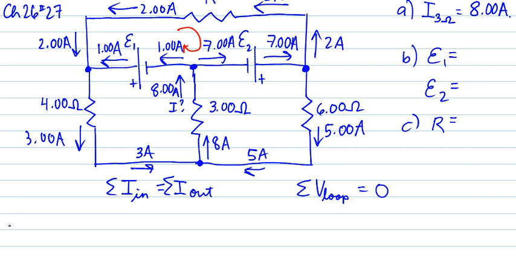So for the top loop, we can write that the sum of the voltages across the top loop is going to be equal to 0. Okay, so let's start right here at that junction. Okay, we go through the voltage source E1 the normal way. In other words, we go from negative to positive, so it is a positive voltage gain.